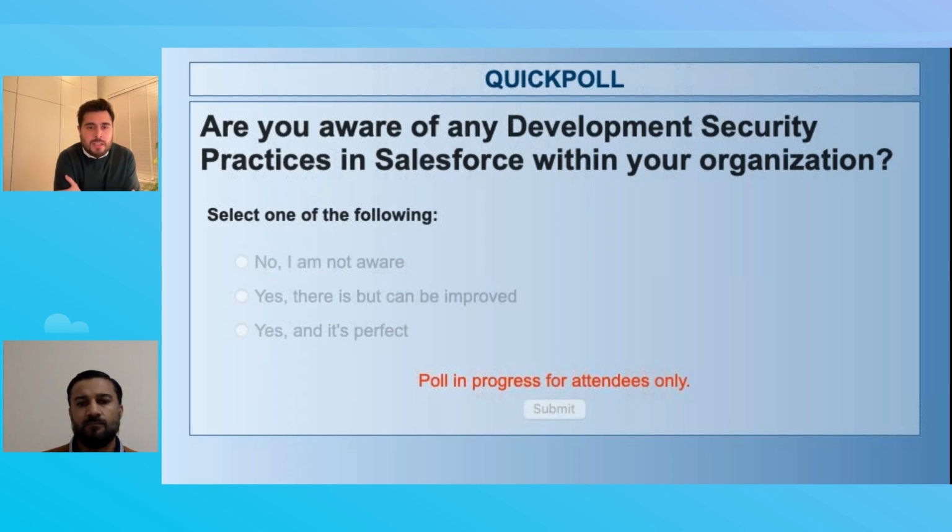So maybe we're going to run the last poll, which is, are you planning to automate your security testing as part of your CI/CD pipeline? I would assume that most of you have CI/CD in place with Copado. So we want to know what level of automation you have reached by integrating these two worlds, deploying fast, but also deploying securely.